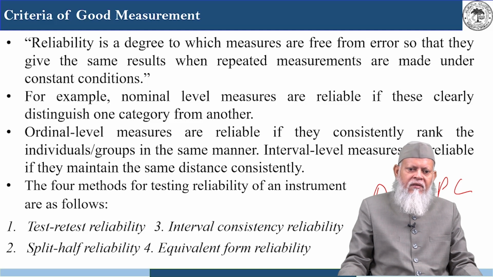It cannot be that we rank A to B and B to C and then we rank C to A. No, it is not that. If A is preferred to B, and B is preferred to C, then A must be preferred to C. That is the concept of the ordinal level, and it is reliable if it fulfills this condition, that the rank is consistent with individuals or groups in the same manner.